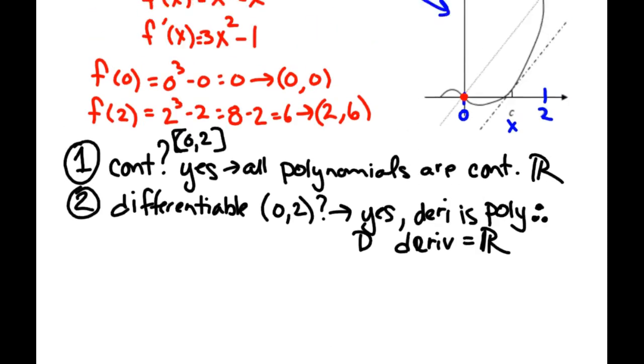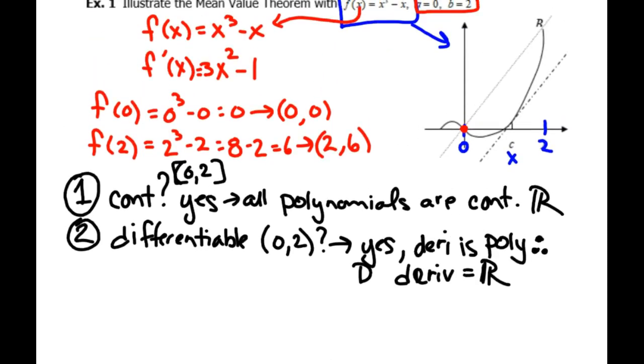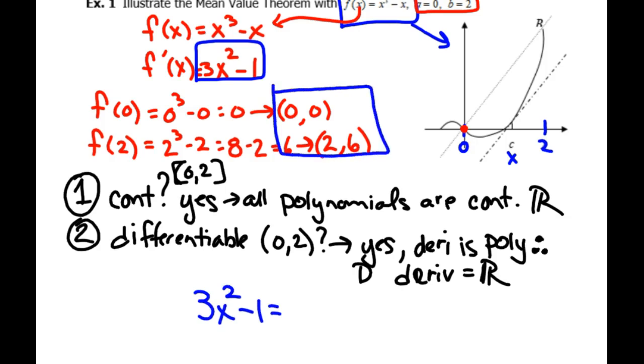We're going to take our derivative right here, 3x squared minus 1, and set it equal to the secant slope, which would be 6 minus 0 over 2 minus 0.